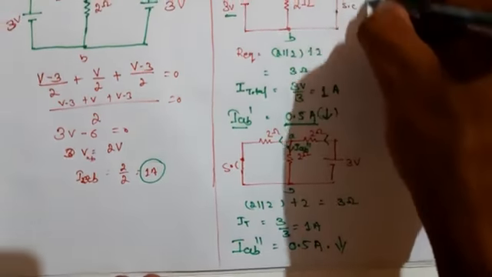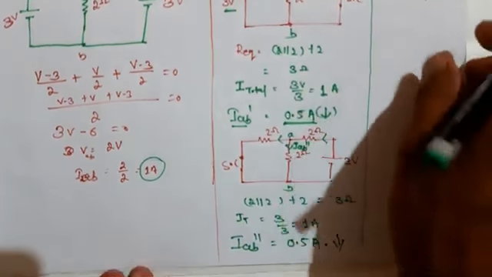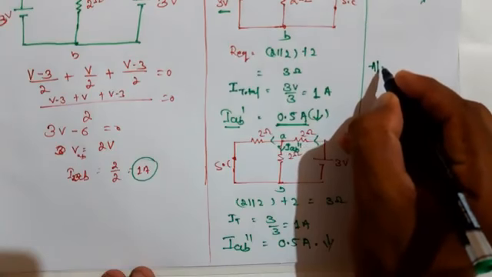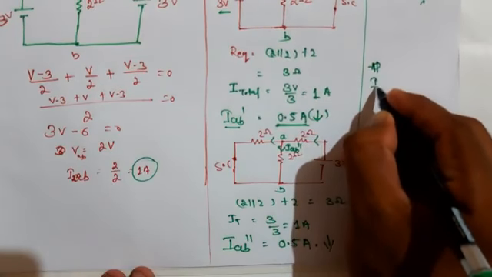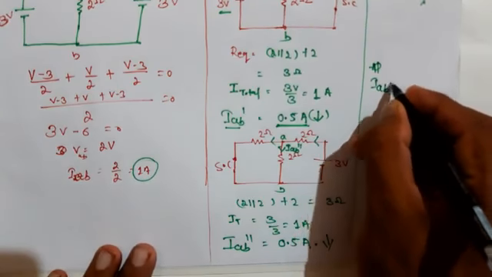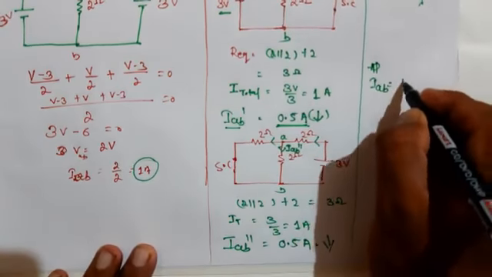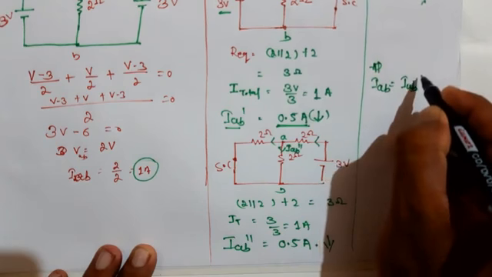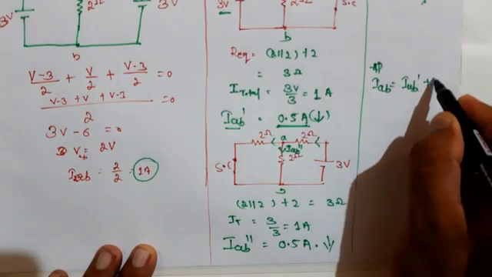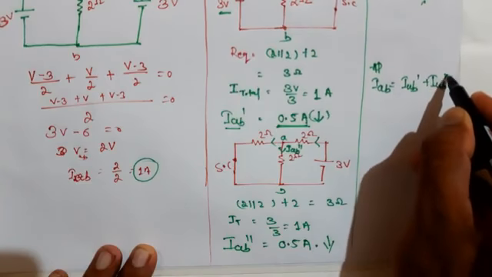So the algebraic sum of the current, I total, IAB, is equal to IAB dash plus IAB double dash.